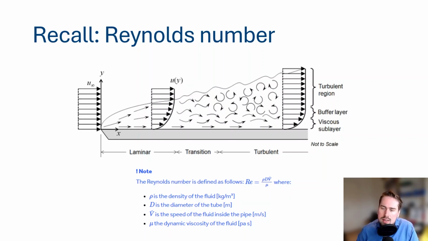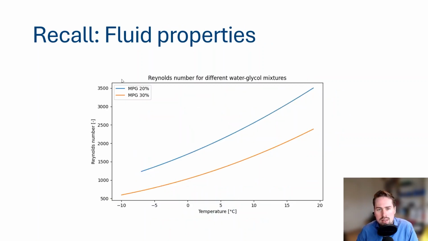And this is the last step before we can actually dive into the innovation, which is saying that the fluid properties vary with temperature. Here these are shown for monopropylene glycol, at 20 and 30%. The lines differ for different antifreezes, but the story is the same. As you can see, the higher the temperature, the higher the Reynolds number you will get, due to the fact that your viscosity will decrease, and your density will decrease a little bit as well.